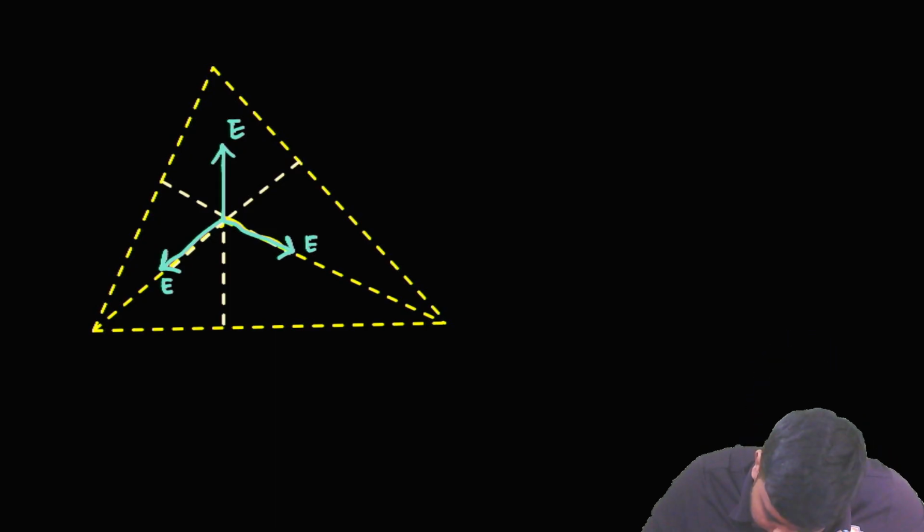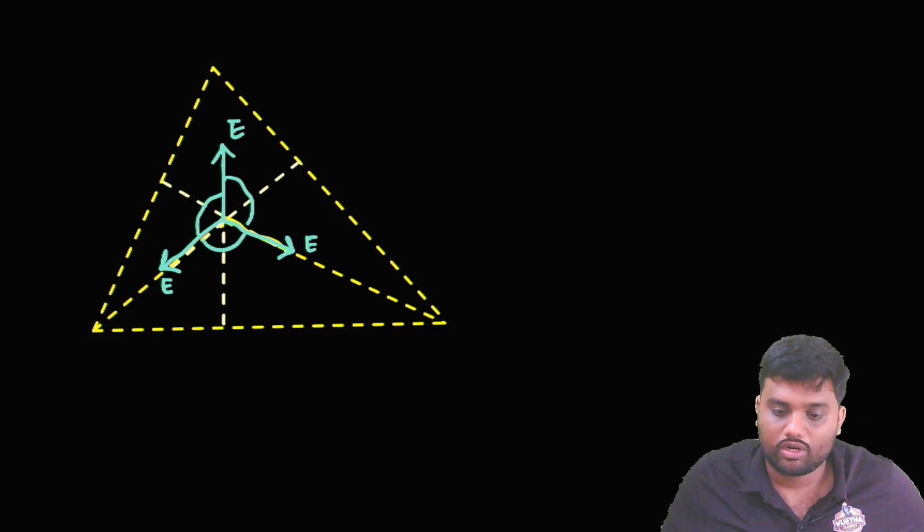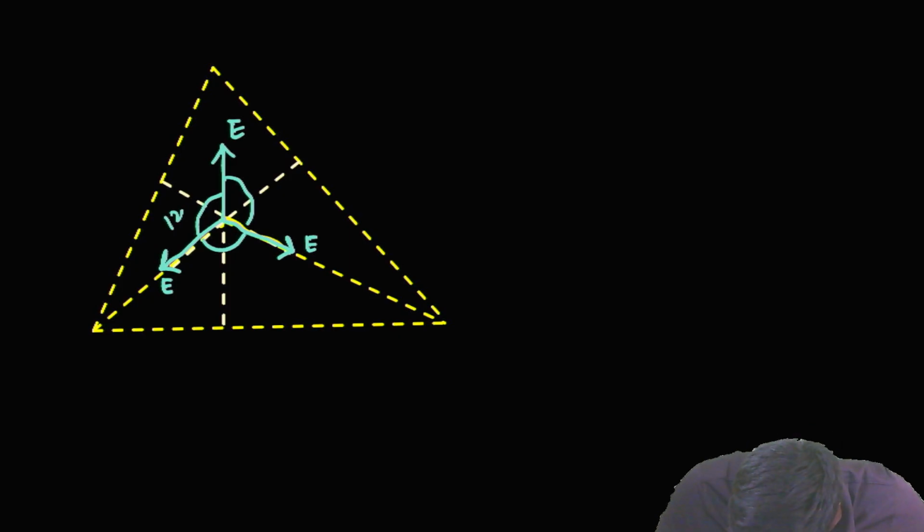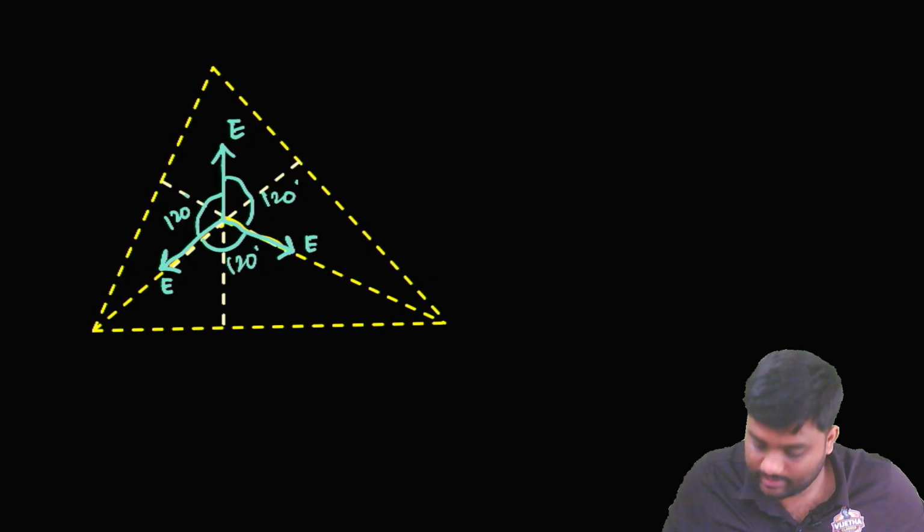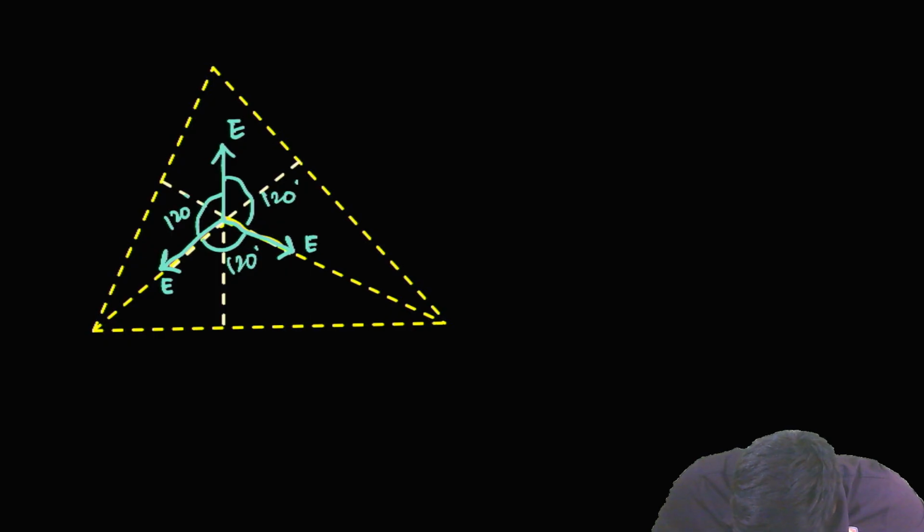Between all the electric fields you are going to have 120 degrees. All are equal electric fields. That means if I consider these two electric fields, you get the resultant electric field in this direction.